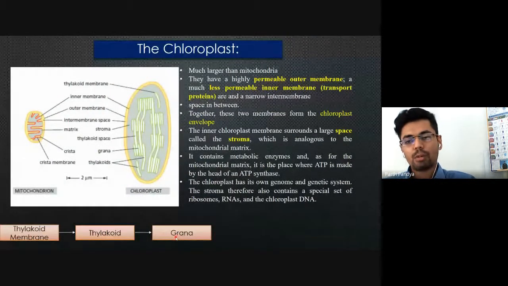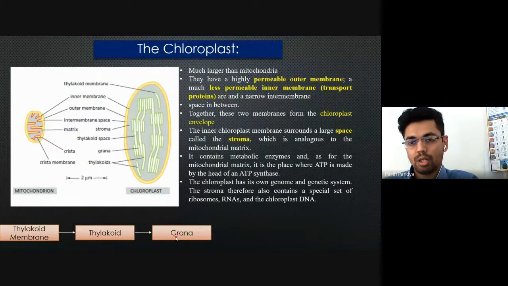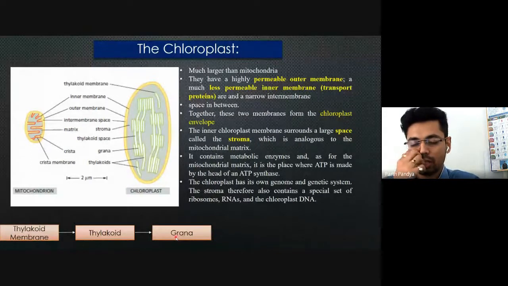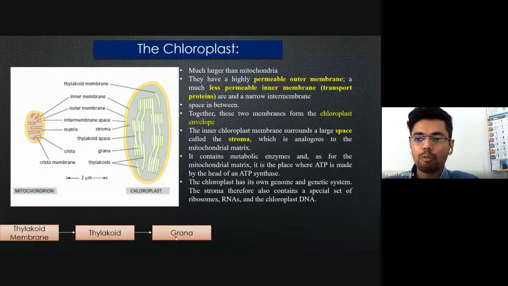So that was all about the mitochondria. The second organelle is the chloroplast, which is also found through the endosymbiotic theory, and it is a type of plastid. If we compare a mitochondrion with a chloroplast, the chloroplast is a much bigger organelle. It has a permeable outer membrane and a less permeable inner membrane, which helps in transport of proteins.